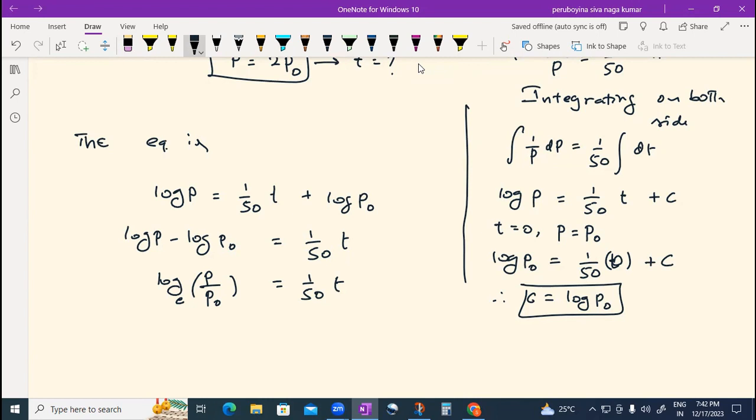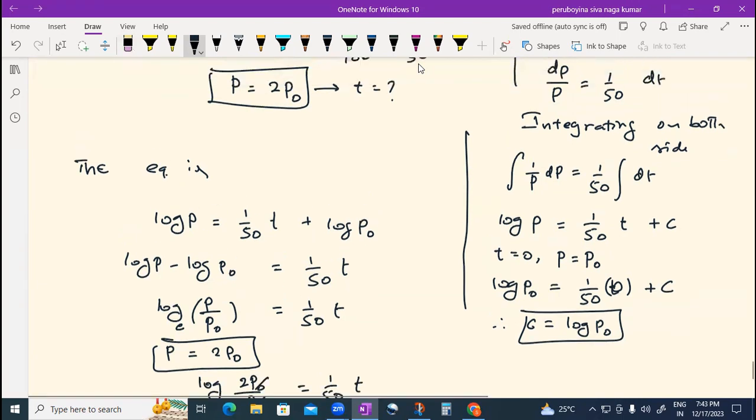As a next step we could calculate e power 50 or something else. So I'm putting P is equal to 2 P naught, since the population will be doubled, that is the question. Substituting that value, 2 P naught by P naught is equal to 1 by 50 into T. P naught got cancelled.